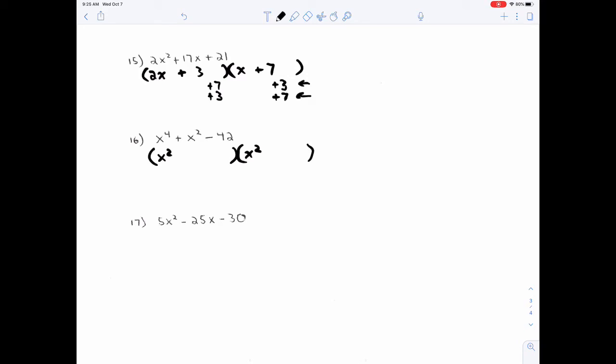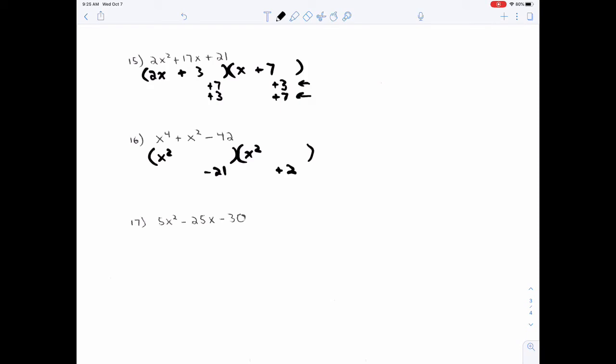Let's try negative 21 and plus 2. That's not going to give me an x squared in the middle. I can try switching the signs. Right now it would give me negative 19; if I switch the signs, I get plus 19, so that's not going to help me. If I switch the position of the 2 and the 21, that's not going to help either.